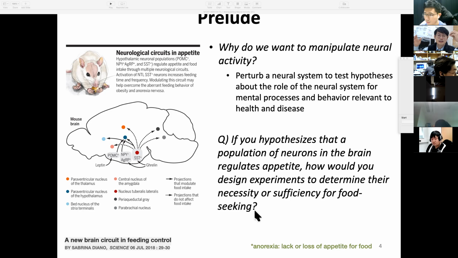Lastly, optogenetics is an emerging technique which is quite exciting and which was shown to the world in 2005. Probably you were already born by then.